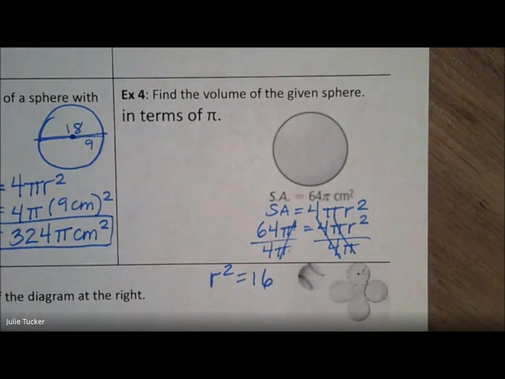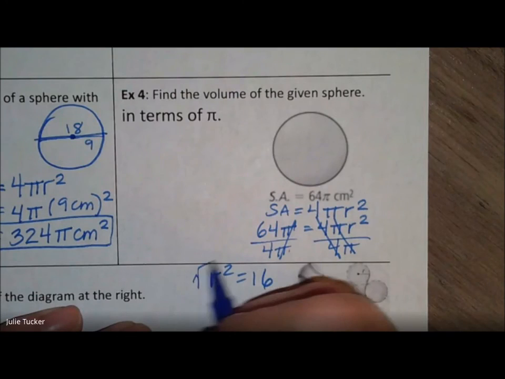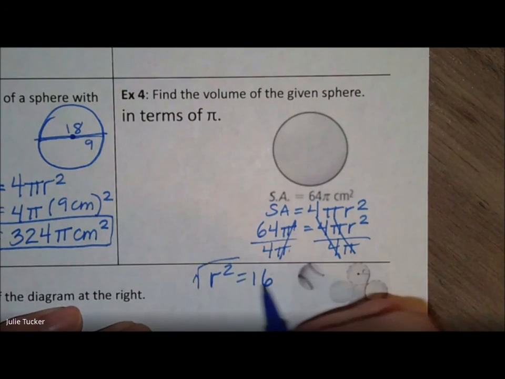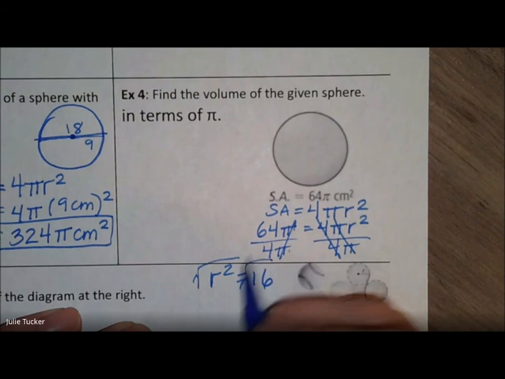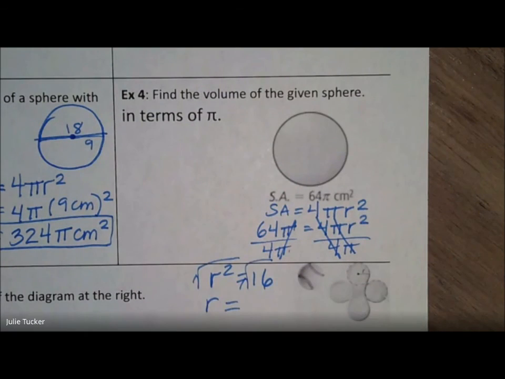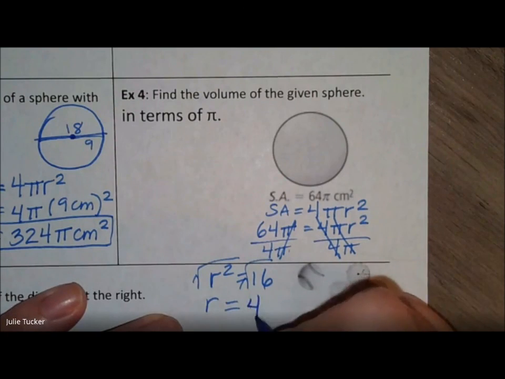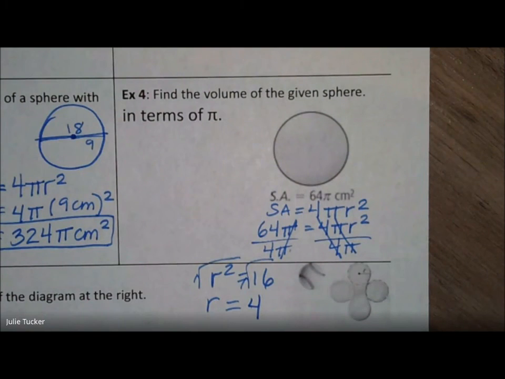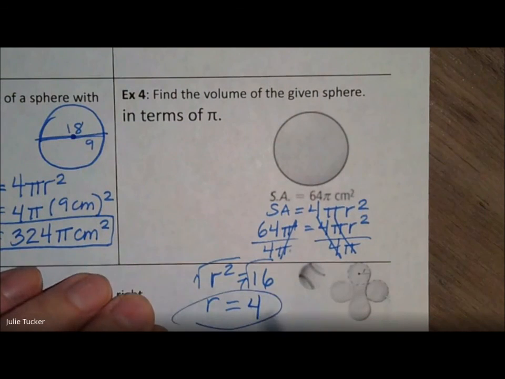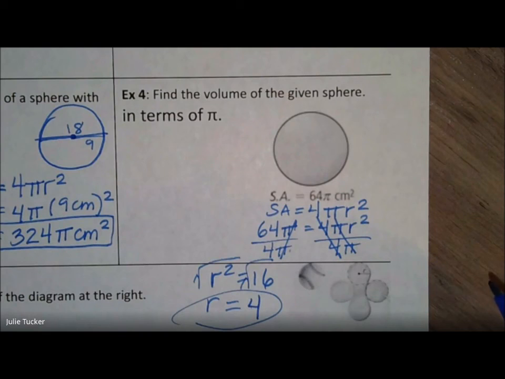Now what? Well, very good. So the square root of 16 is what? Good, 4. So now we know the radius, but that's not what we were asked for.